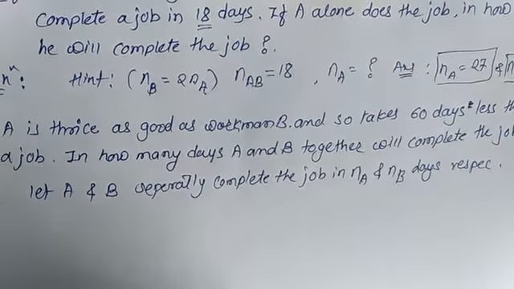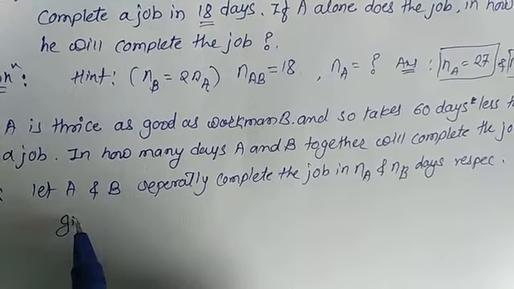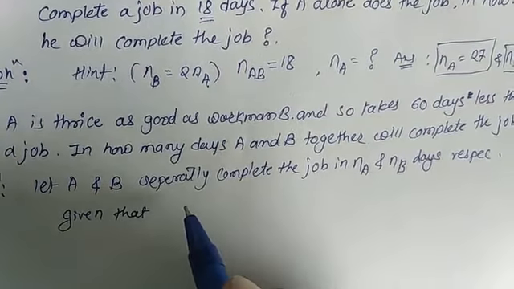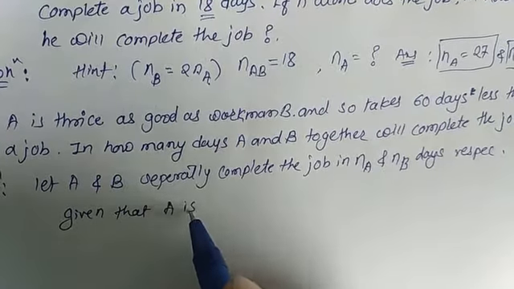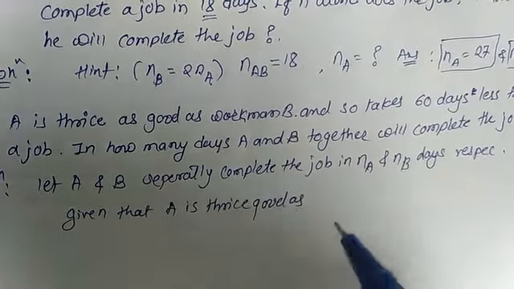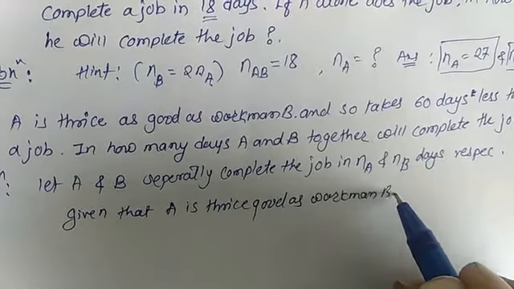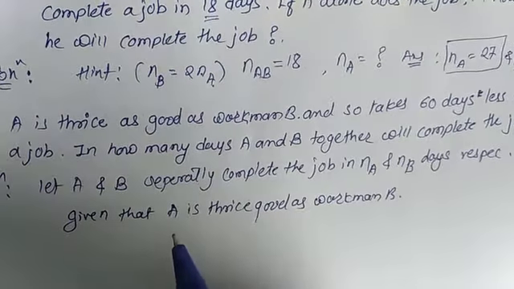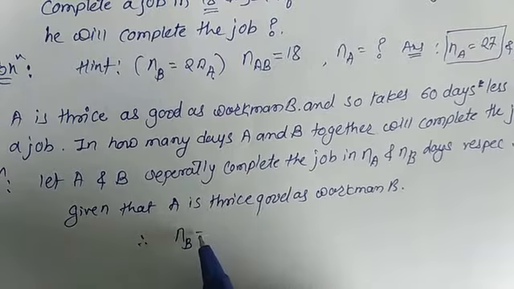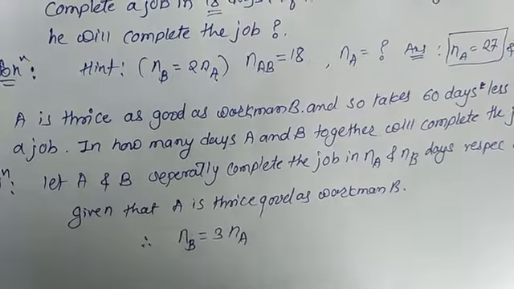Okay, also it is given that A is thrice as good a workman as B. So which means that you can write it as n to the base B is equal to thrice n to the base A.